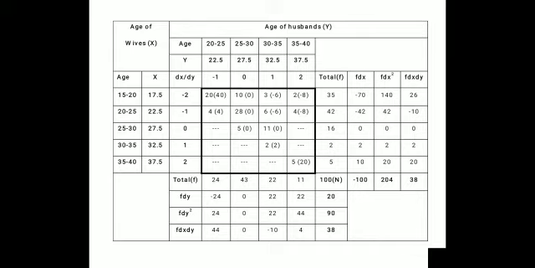So minus 20 into 0 is 0. In this way, all the cells have to be considered, and we should calculate f into dx into dy of each cell. Once we calculate the f into dx into dy of each cell, it has to be put in a bracket in each cell beside the values of frequencies.